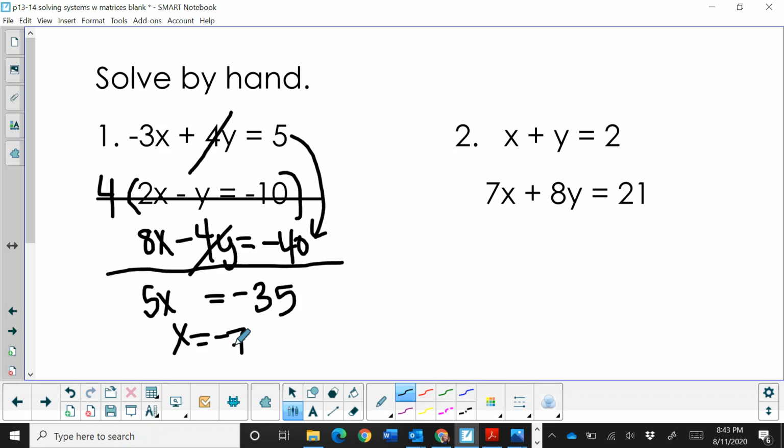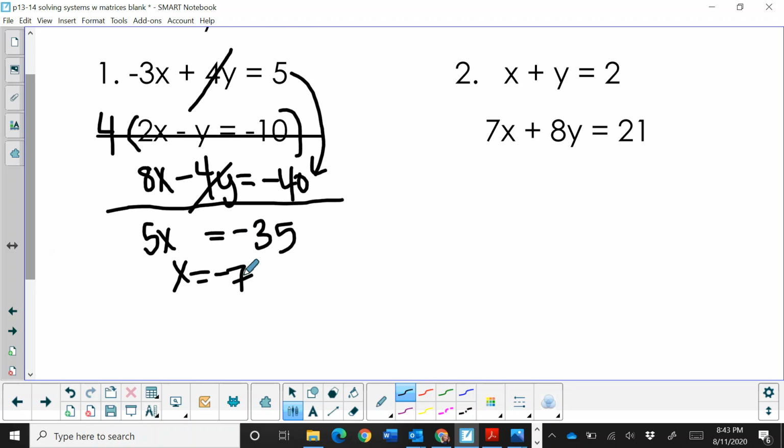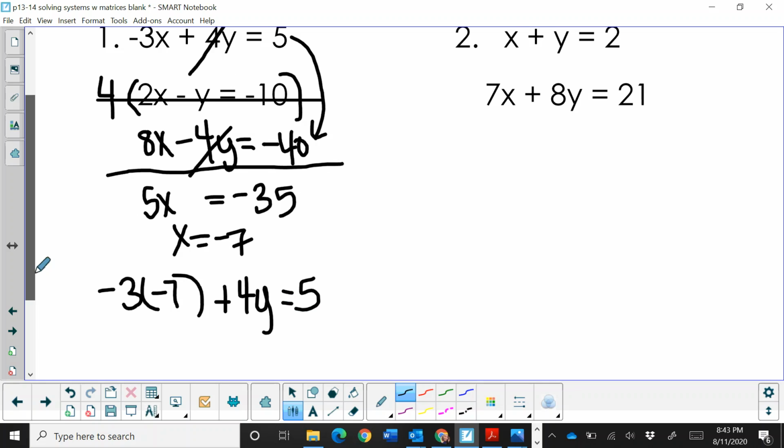And then once we get one variable, the second variable is easy. We pick an equation and plug in -7. So let's plug -7 into the first equation. That would be -3 times -7 plus 4y is equal to 5. So that's going to give us a +21.